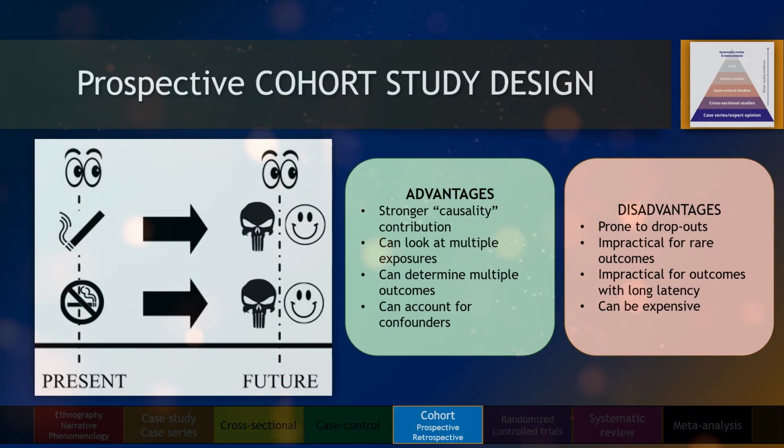Since you follow the groups across time, some members of either group can be lost to follow up, whether they die or they just fail to show up during the follow-up. Rare outcomes or outcomes with a long latency period can also skew your results. Lastly, cohort studies are often more expensive since you need to conduct multiple data collection stages.